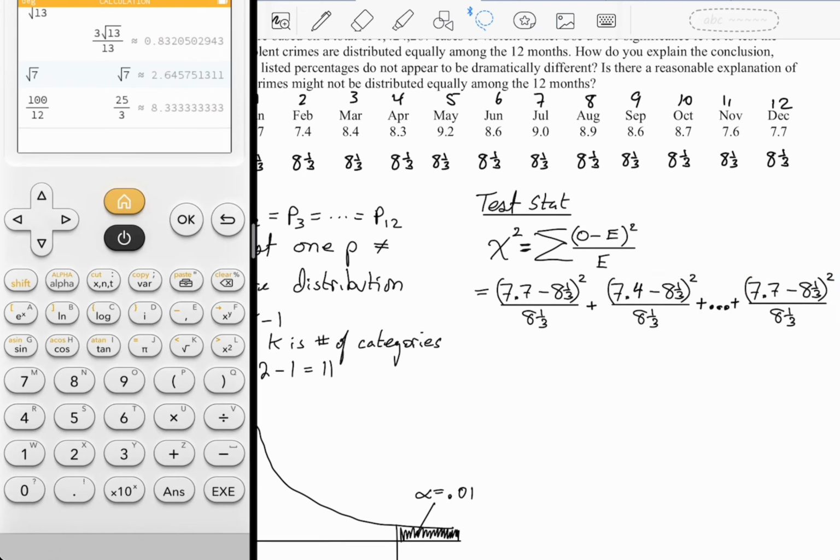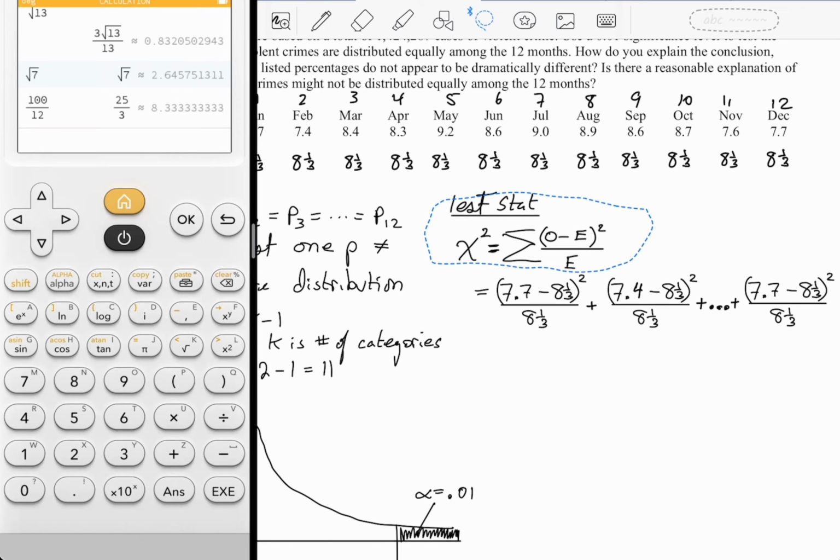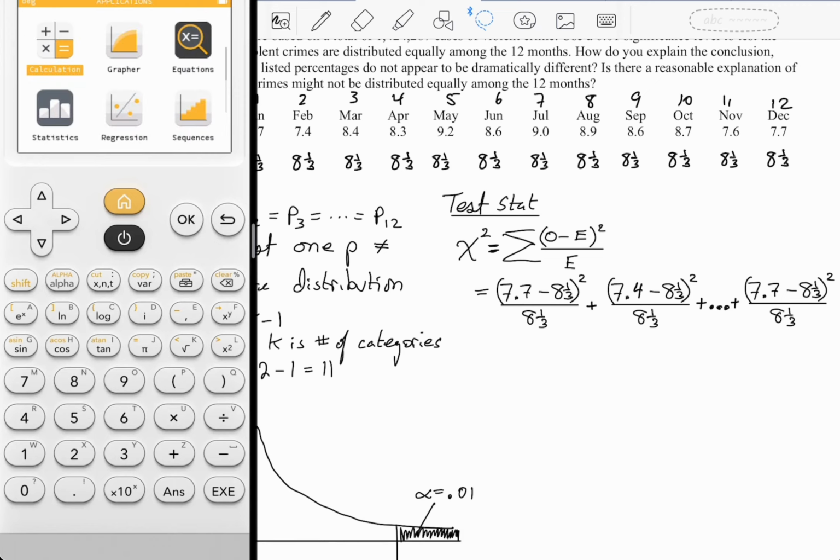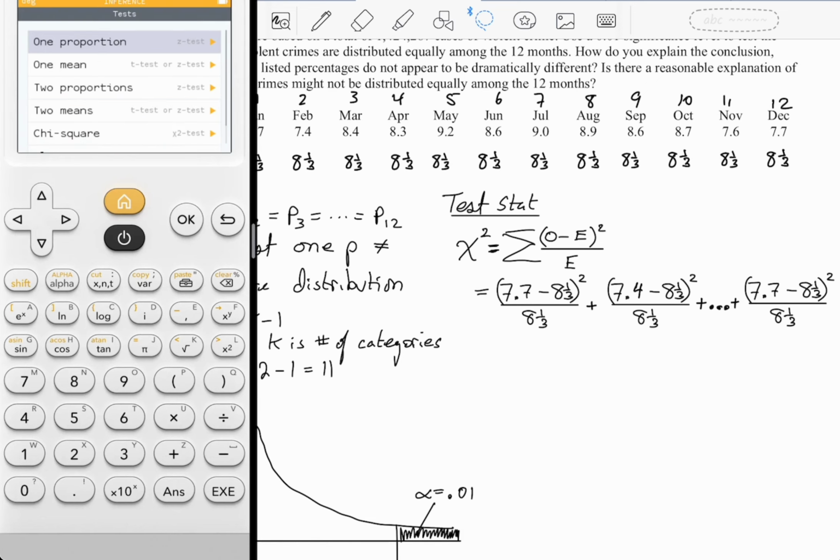See how easy that was? So then, instead of actually computing all of these values, because just because we wrote 3 of them doesn't mean that there's only 3 of them. There are the other 9 to worry about. So I'll use the inference app. We go to test, chi-square.